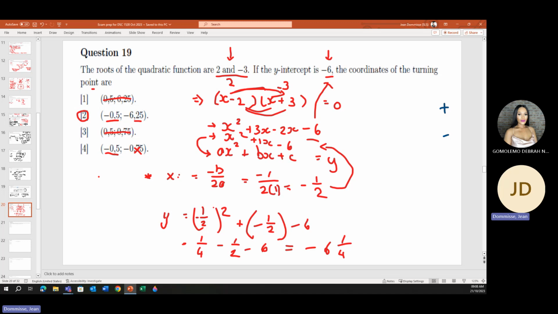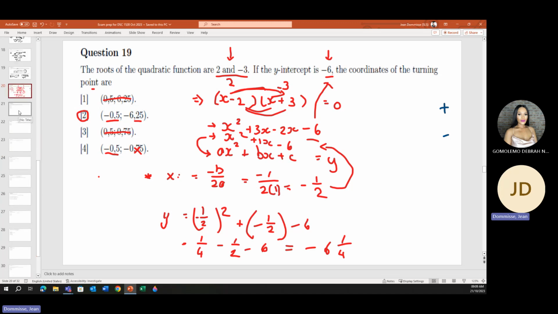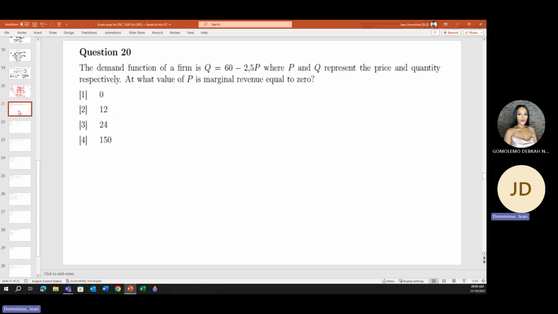So dependent on how they want to ask, there will be something like this in your exam. Now we'll also look at another paper that we'll do next week to check if we can find something like that. Okay, then let's go to the next one.